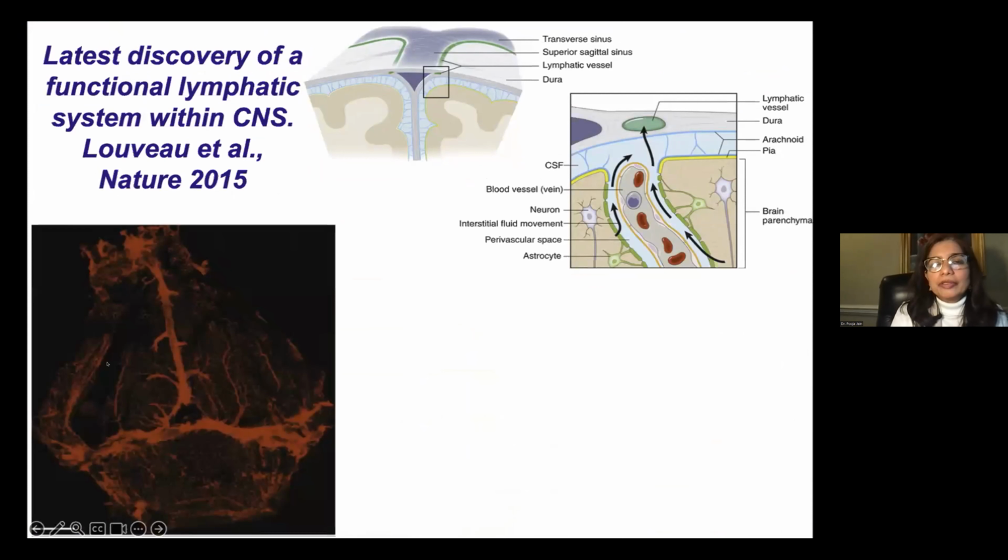Following our study, the paper in Nature 2015 by Jonathan Kipnis' lab showed, again by live in vivo imaging, that there is a very functional meningeal lymphatic system that runs across the skull of a mouse, and it has a high concentration within the sinus area.